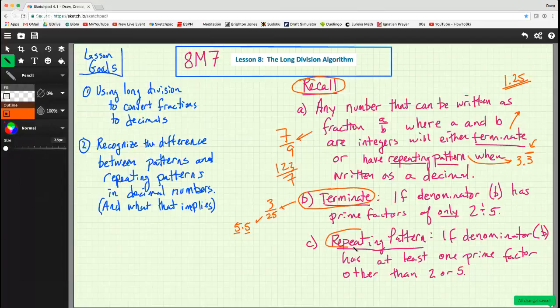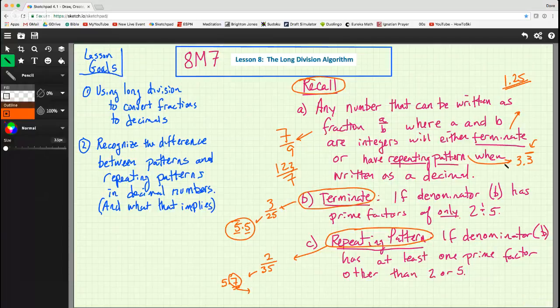We know that fractions will have a repeating pattern if the denominator has a prime factor other than 2 or 5. So how about 2 over 35? We know that will have a repeating pattern because the prime factors of 35 are 5 and 7. Well, 7 is not a 2 or a 5, so it will have a repeating pattern. Okay, so that's what we learned in an earlier lesson.